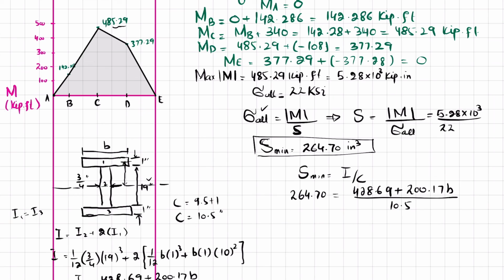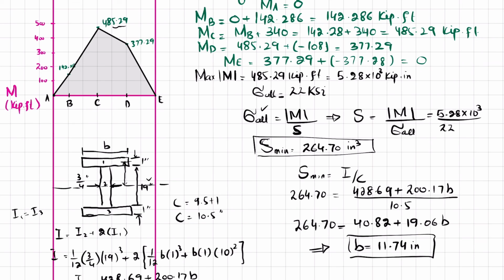So it will be equal to 40.82 plus 19.06 B, and that is equal to 264.70. When you calculate it, you will get this breadth B equal to 11.74 inch.